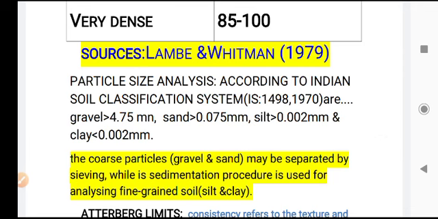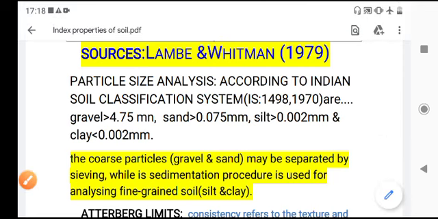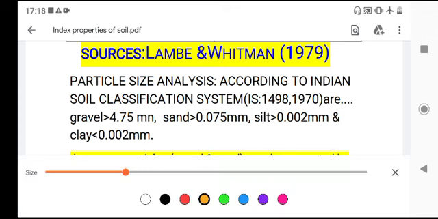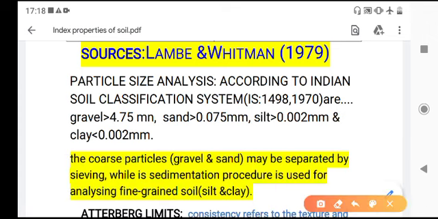Particle size analysis. According to the Indian Soil Classification System, IS 1498/1970, soil is gravel if the size is greater than 4.75 millimeter, sand greater than 0.075 millimeter, silt greater than 0.002 millimeter, and clay less than 0.002 millimeter.